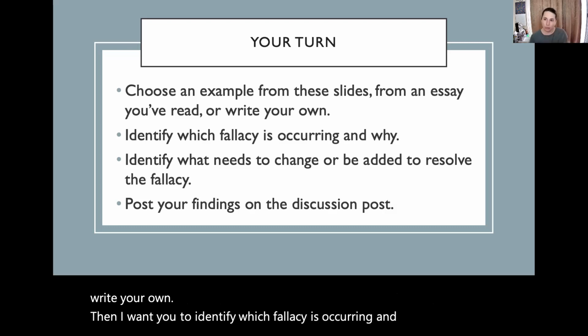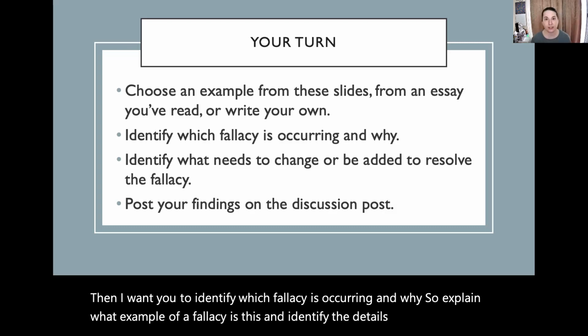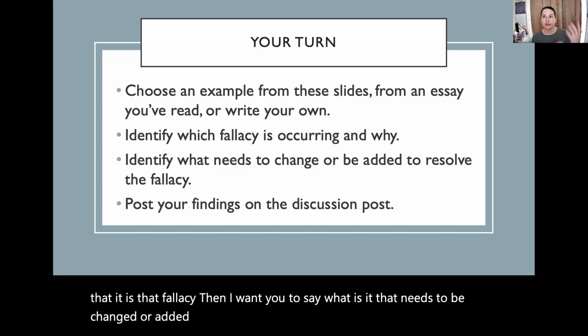So explain what example of a fallacy this is, and identify the details within it that show that it is that fallacy. Then I want you to say what needs to be changed or added in order to turn it from a fallacy into a rational argument.